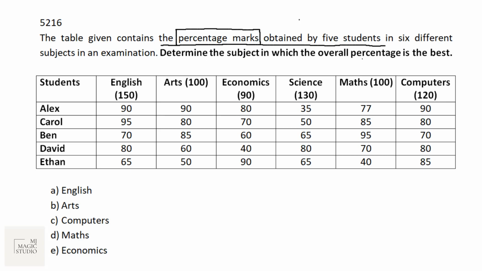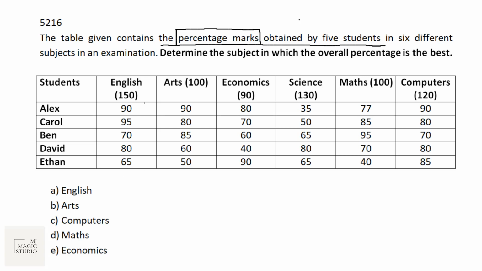Determine the subject in which the overall percentage is the best of these 5 students given in the context. These are already percentages. These are not marks. If these had been marks, we would have added them up, divided by 5, then divided by 150 into 100 to get the percentage.